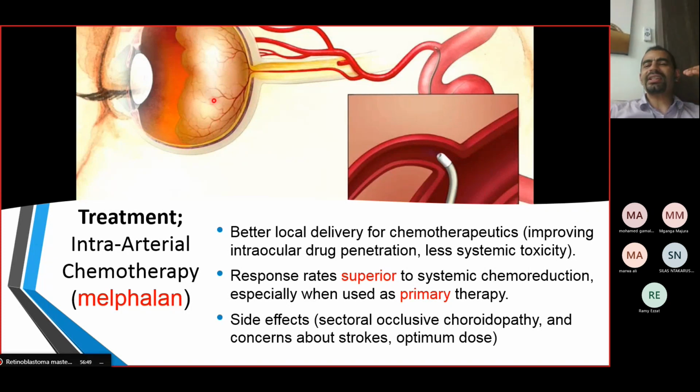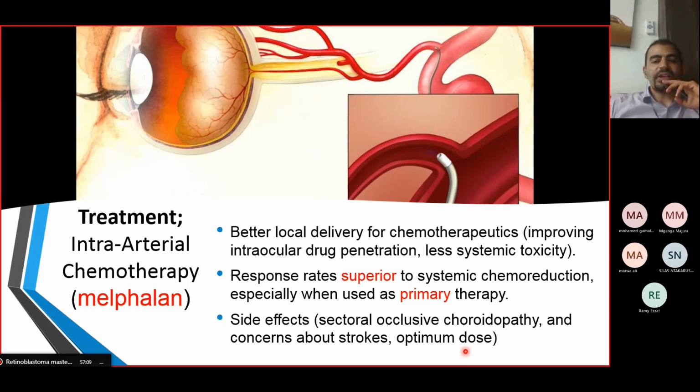So it avoids the systemic side effects of the chemotherapy. It has some side effects like the occlusive choroidopathy. So the drug or the catheter may cause occlusion of the choroidal blood vessels. Some concerns about the strokes and the optimum doses that we need to use with children.